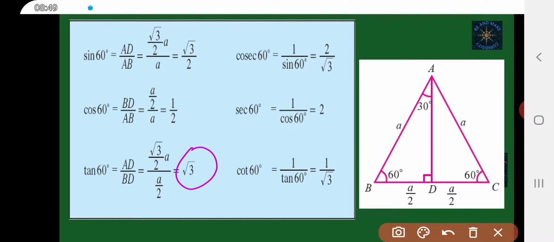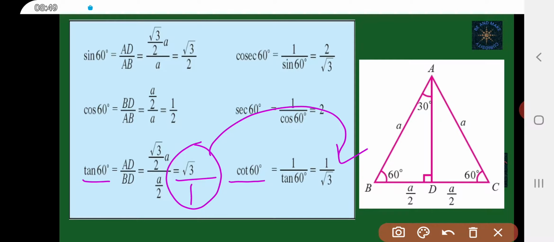Okay, and you know that cot 60 degree is reciprocal of tan. So here root 3 means root 3 by 1. So reciprocal of root 3 by 1 is your 1 by root 3. So cot 60 degree is equal to 1 by root 3.